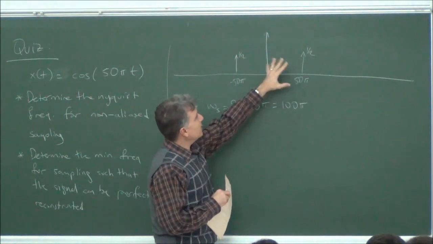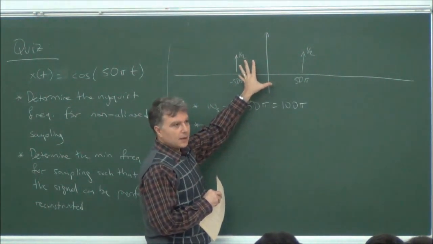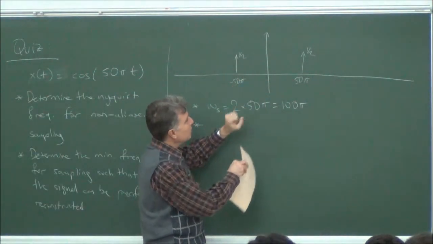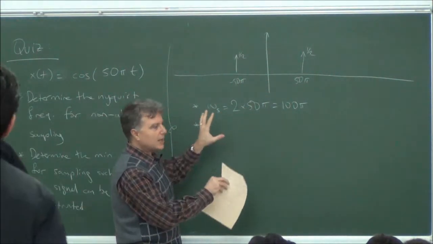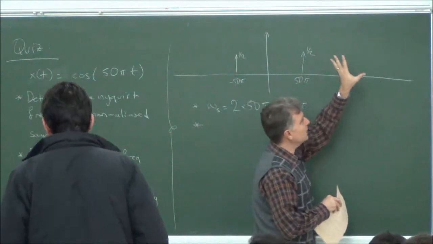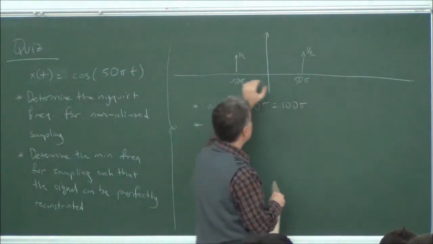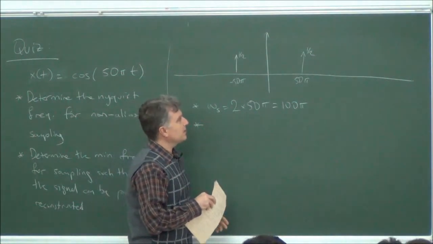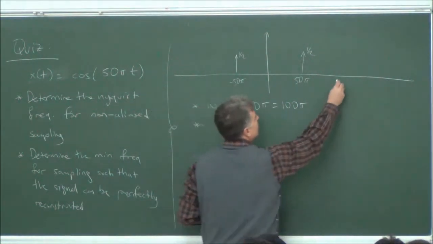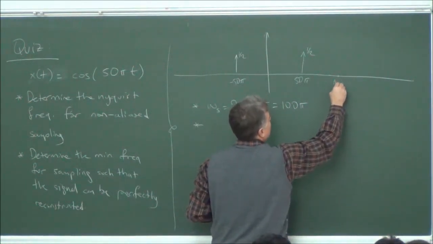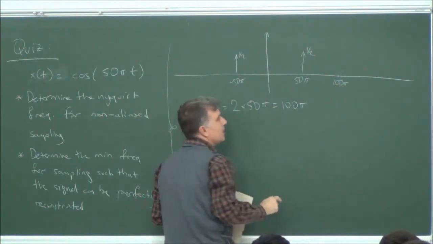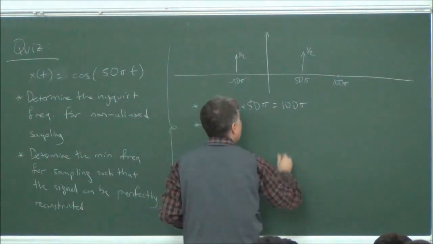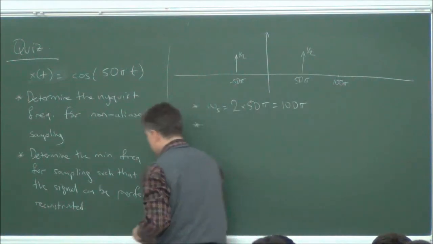So if there are a lot of things in between, then in order to completely isolate them in the replicas of these two impulses towards the right and towards the left, you need to use this sampling frequency and put a center here at 100 pi, for example, and integer multiples of that, and replicate.